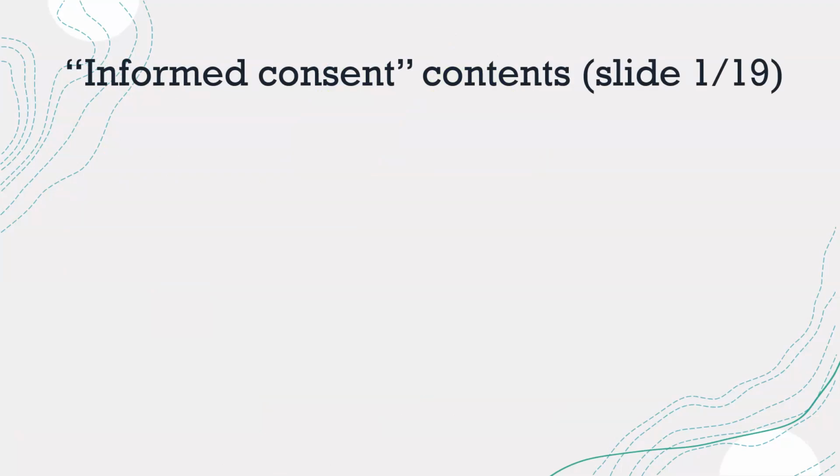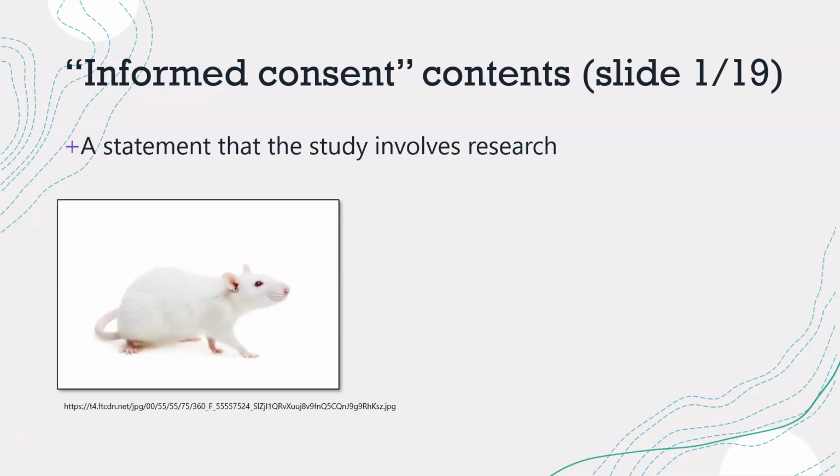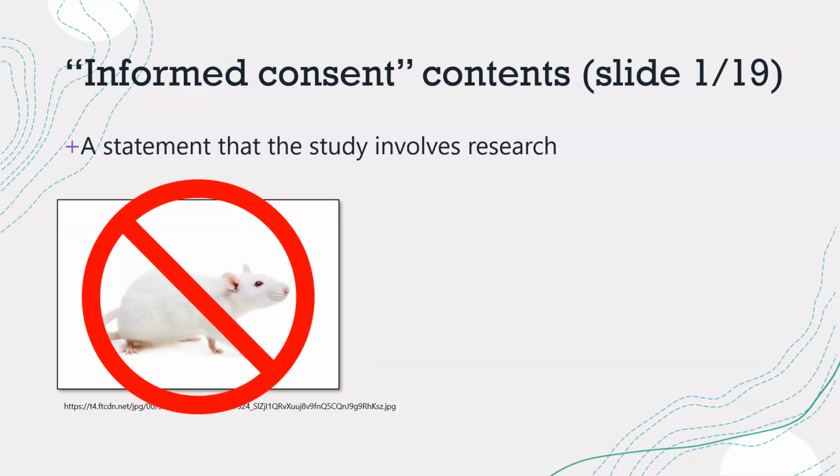So let's talk about what information is required for informed consent. At the very least, you need a statement that the study involves research. Now, your participants are not lab rats. This cute little guy right here, this is not your participant. You cannot just do things to them. So when you're talking about working with people, you have to make sure that they know what's going on.